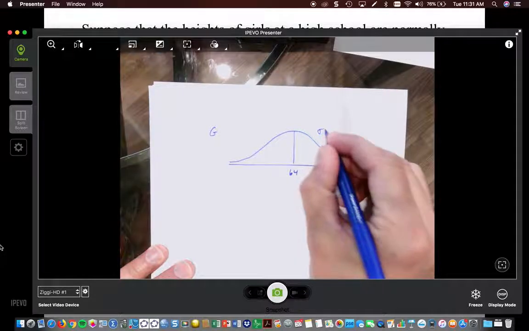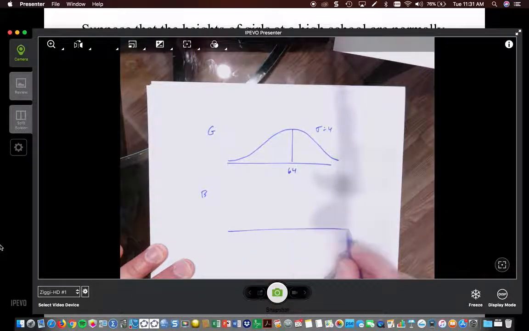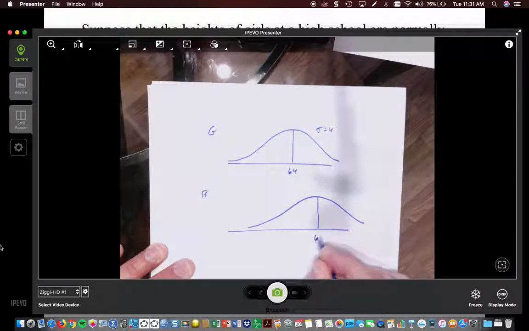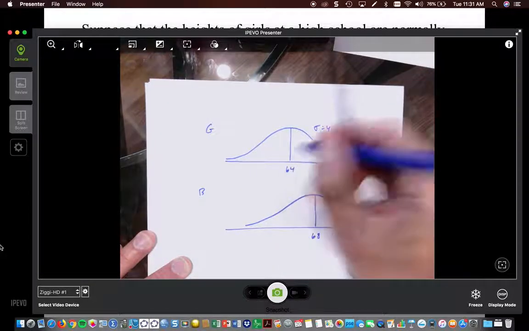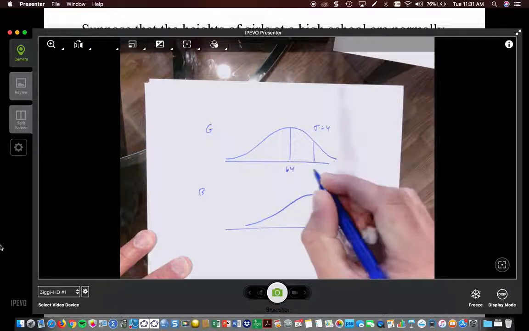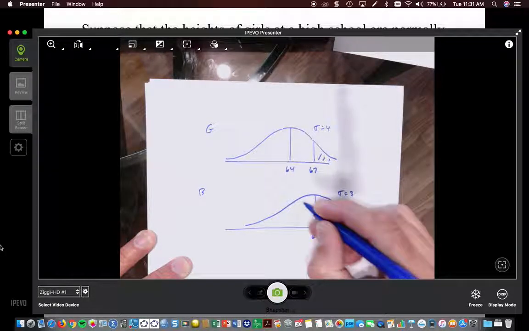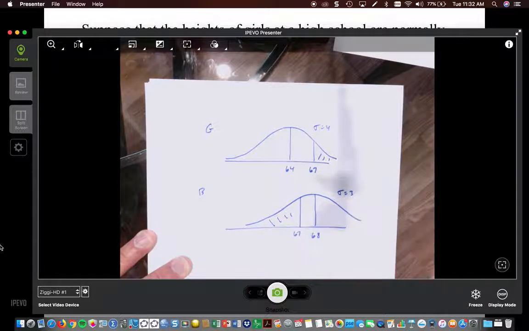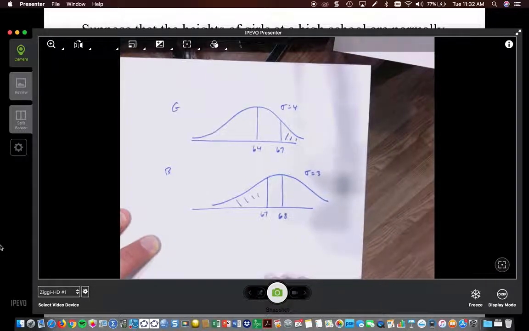Okay, so sigma equals 4. And then for the boys, they had a mean of 68 and a standard deviation of 3. All right, so a tall girl is going to be out here, 67 and above, and a short boy is going to be here, 67 or below.